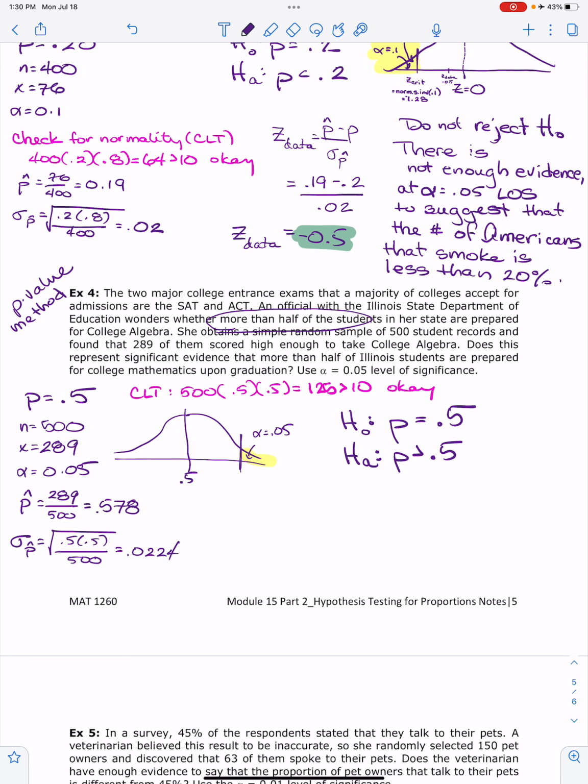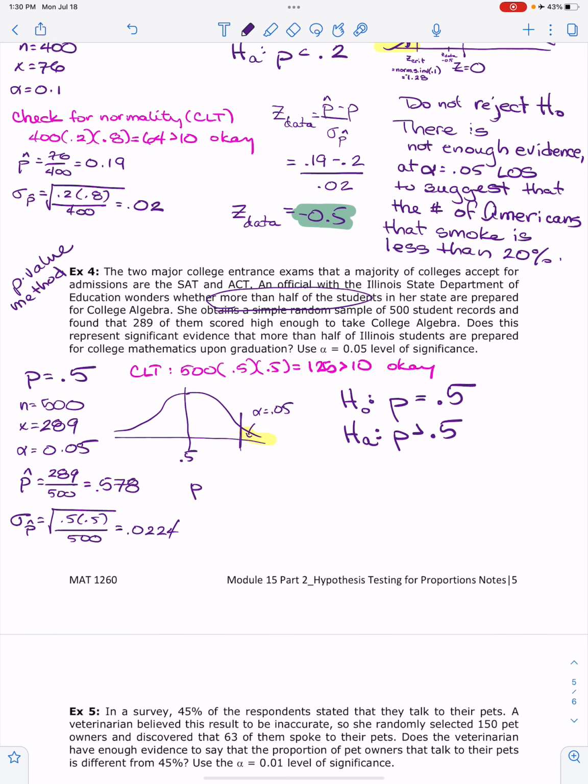To find the p-value, sometimes if you are good with Excel, this is going to be easier for you. I want that right-hand probability, so I've got to start with the 1 minus. Remember, everything in Excel gives us the left-hand probability. I'm going to use norm.dist this time. I'm not worried about the z-scores. I'm comparing 0.578 to my population parameter of 0.5.